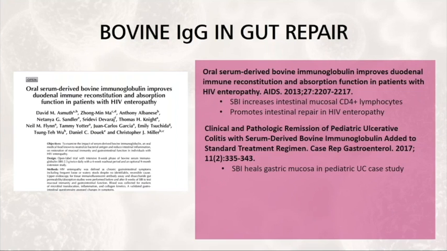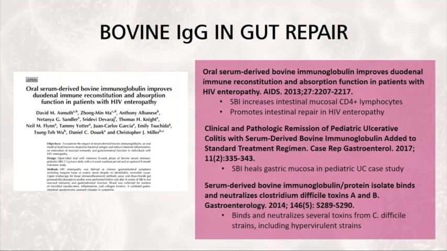In the setting of pediatric ulcerative colitis, there's a case study demonstrating that it can help heal the underlying mucosa. And in the case of C. diff, which is a bad diarrheal infection, it has been demonstrated to bind and neutralize several toxins from C. diff strains. So this can also be very helpful therapy in that setting.